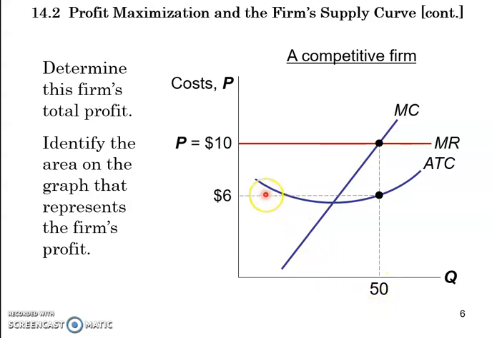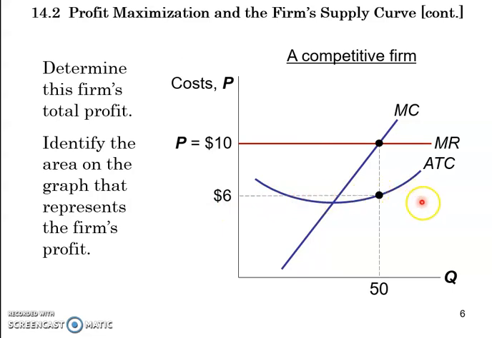Now we also have this average total cost curve. When the firm produces 50, you go up there, you hit the ATC curve, and that will give you the average total cost here, which is $6 per unit on average.